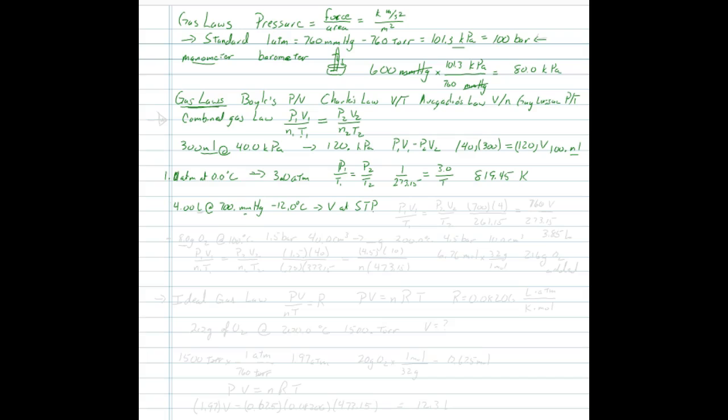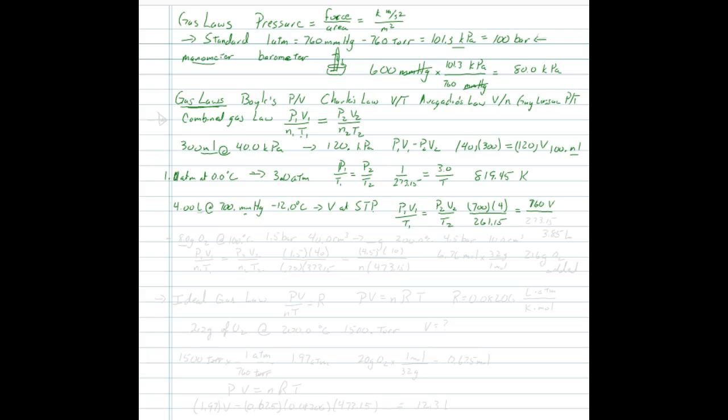Number of moles is not changing, so it's going to be P1, V1, T1, P2, V2, T2. Plug in what you know. The first pressure is 700. The first volume is 4, over the temperature 261.15, equals 760 times the volume, which is what you're trying to find out.